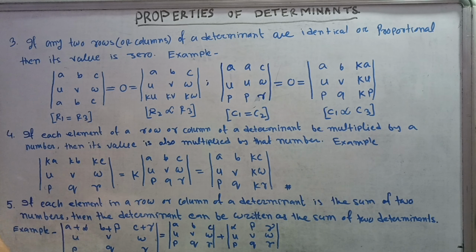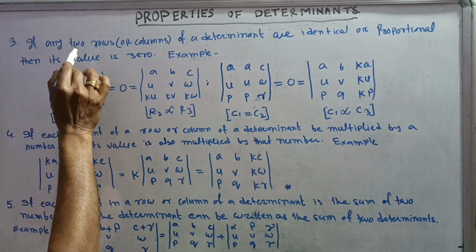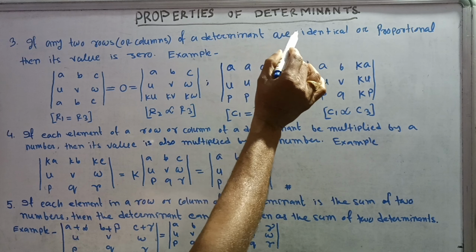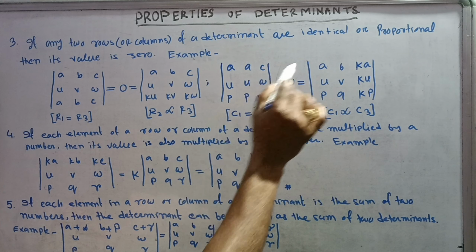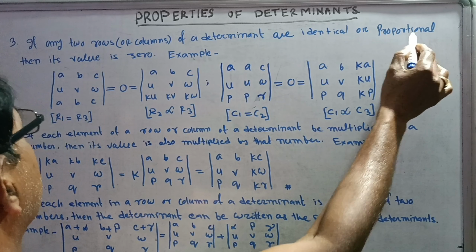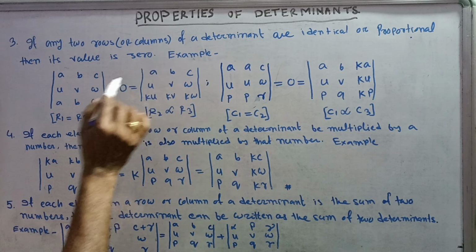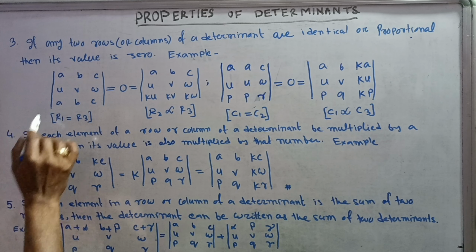Property 3. If any two rows or columns of a determinant are identical or proportional, then its value is 0. For example, we take a determinant of third order.